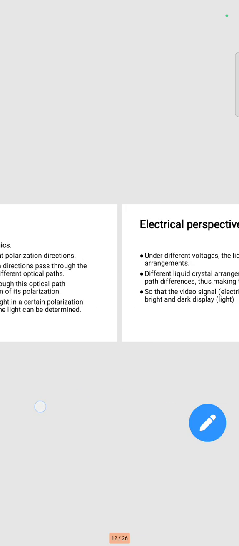Okay, then the next one, the electrical perspective. From the electrical view, under different voltages, the liquid crystal will have different arrangements. Different liquid crystal arrangements cause different optical path differences, thus making the transmittance change, so that the video signal can be converted into bright and dark display light.